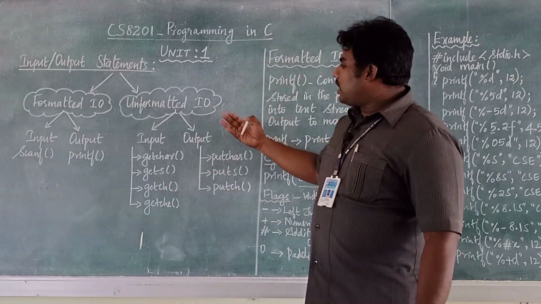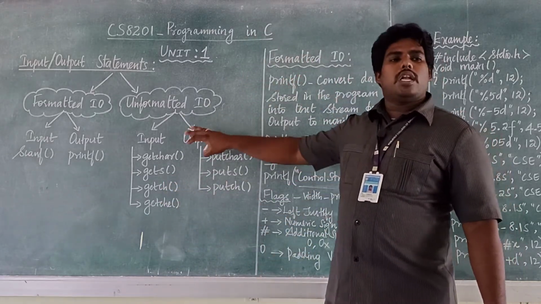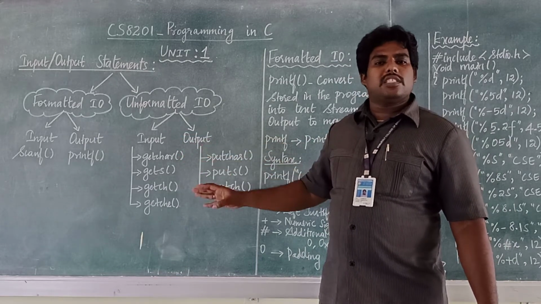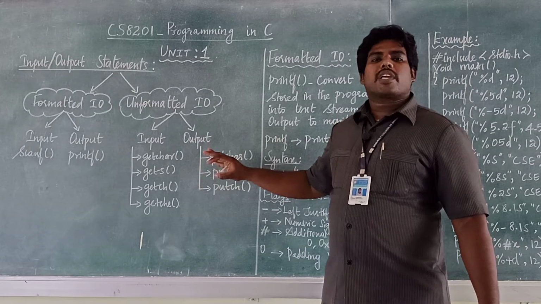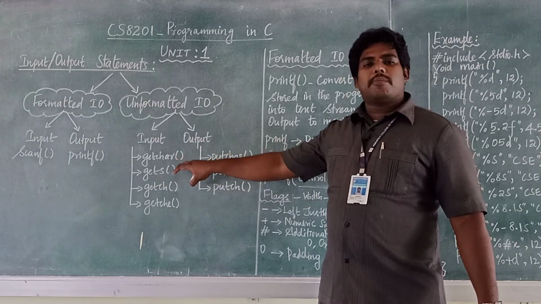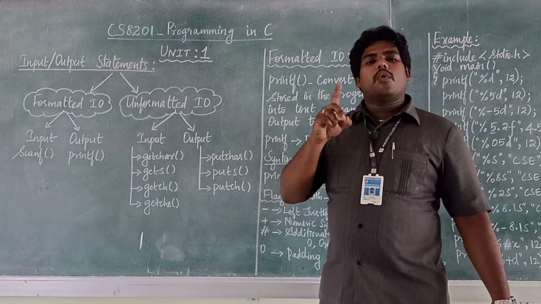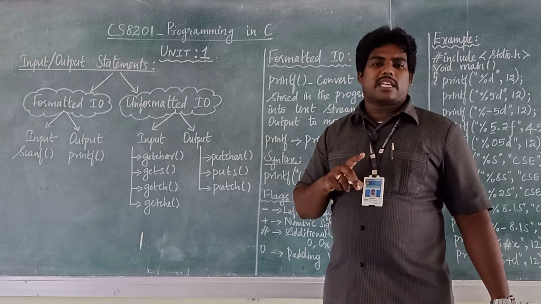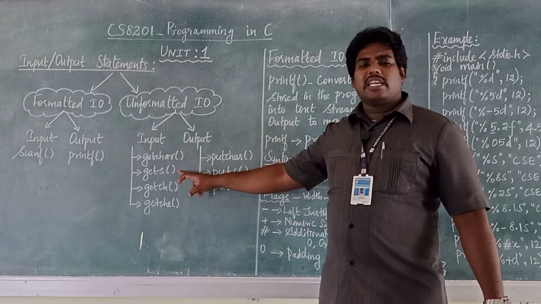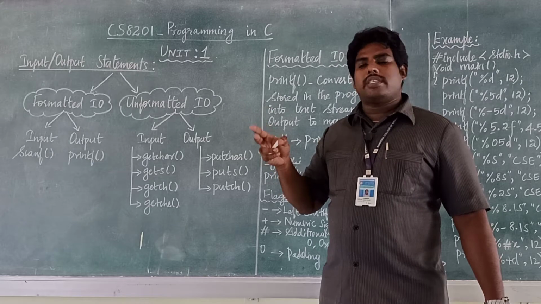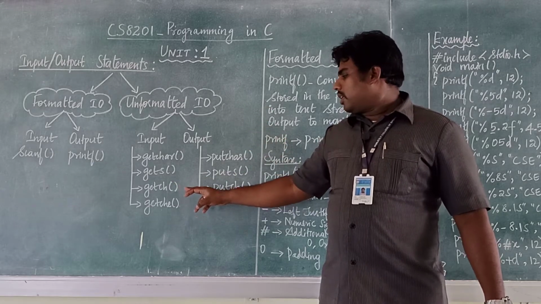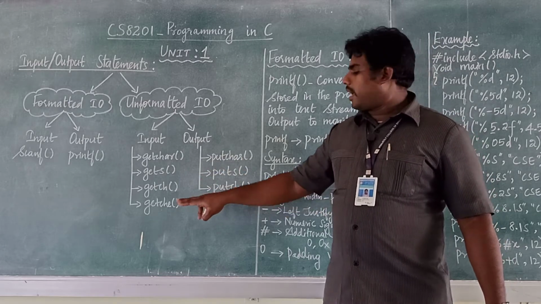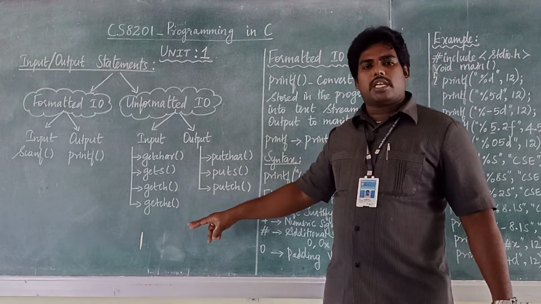Now the unformatted ones support only characters. They won't support integer or float, only the character data type. getchar gets only one character as input at a time. gets means get string, it will get one string. getch gets an alphanumeric value as input, and getche also gets alphanumeric input.